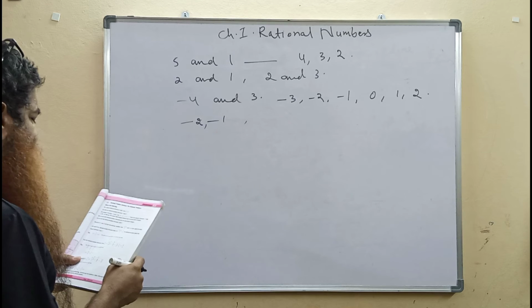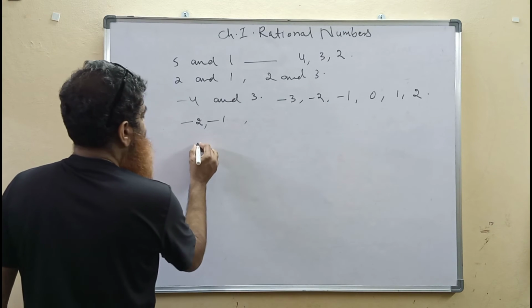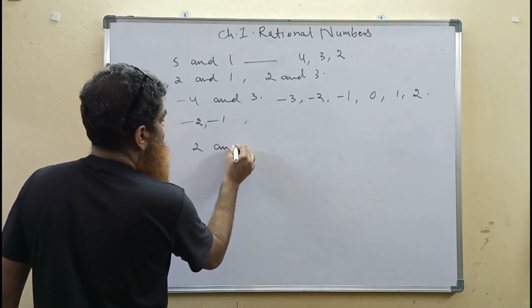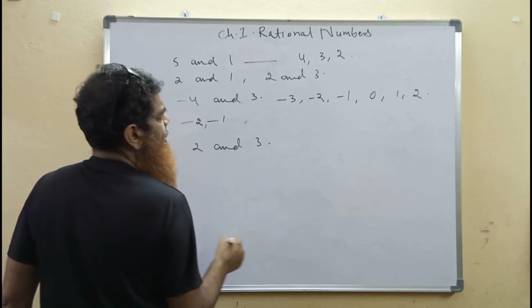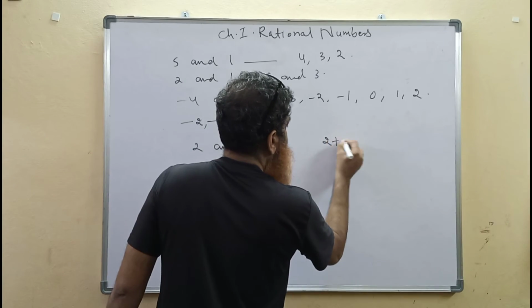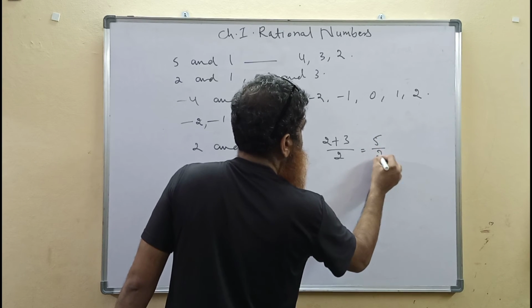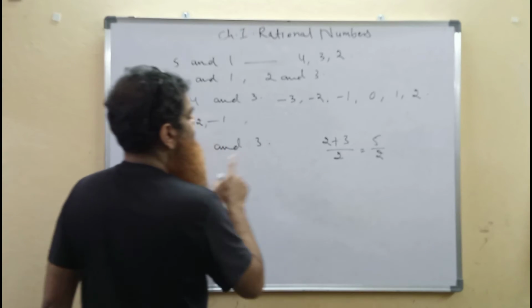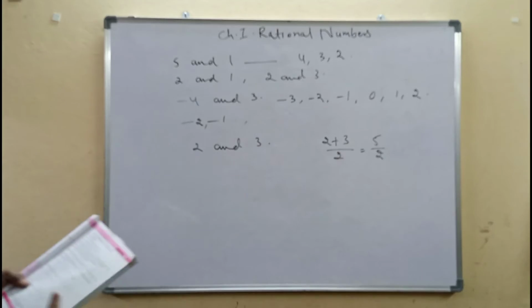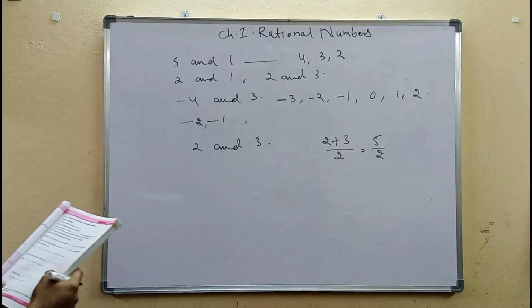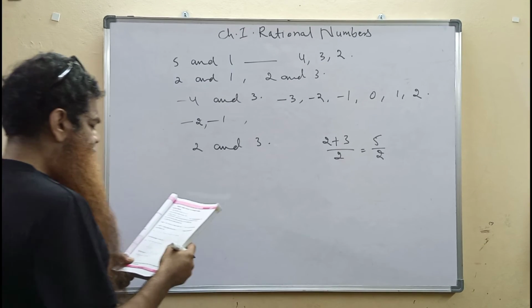Let us write the rational numbers between 2 and 3. It is 2 plus 3 divided by 2, which is equal to 5 by 2. This is a rational number between 2 and 3.